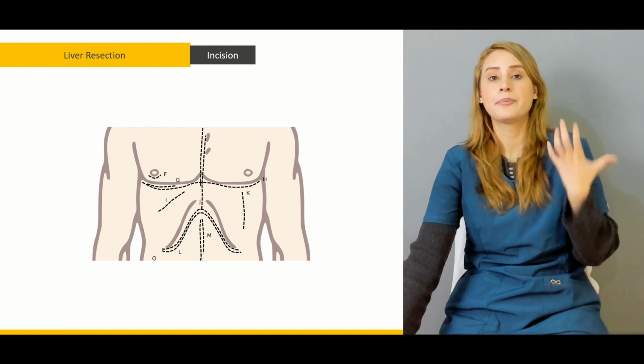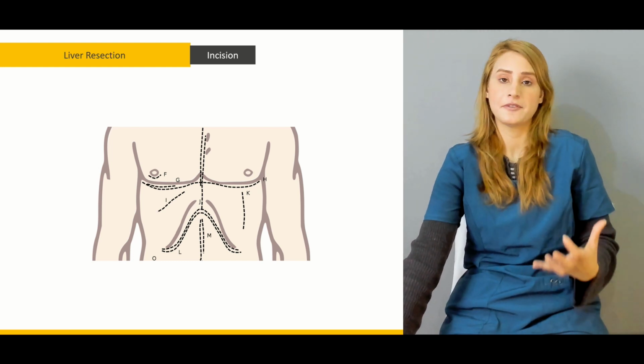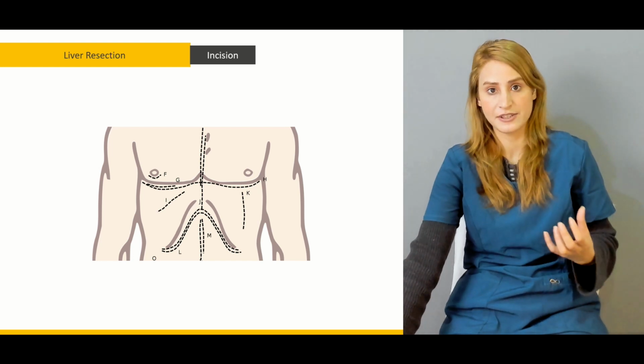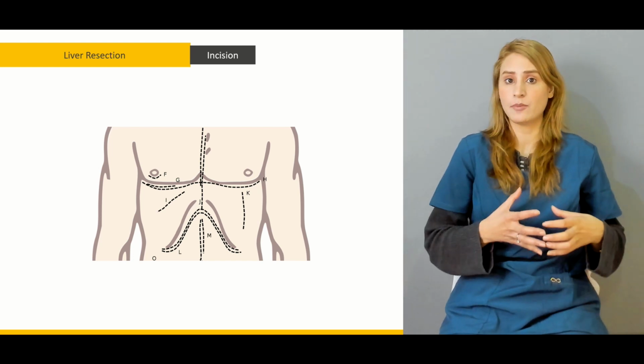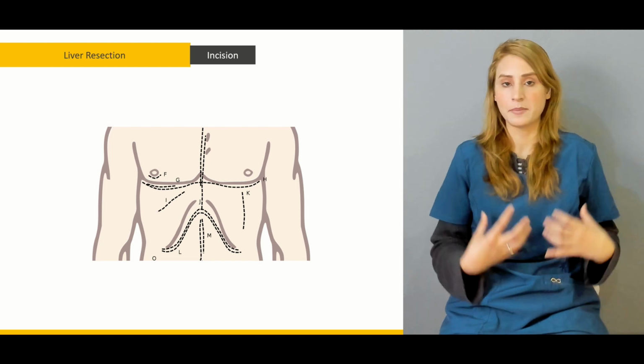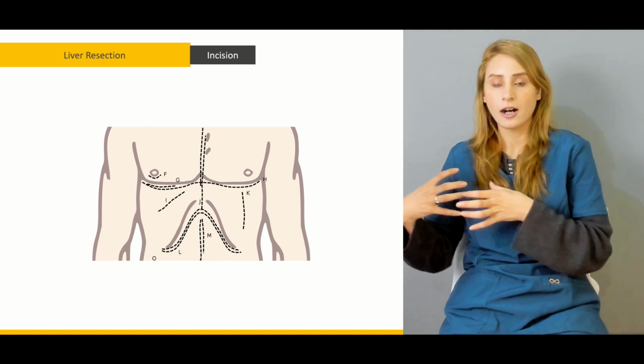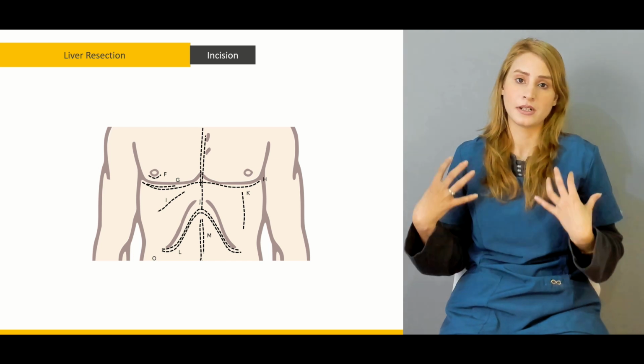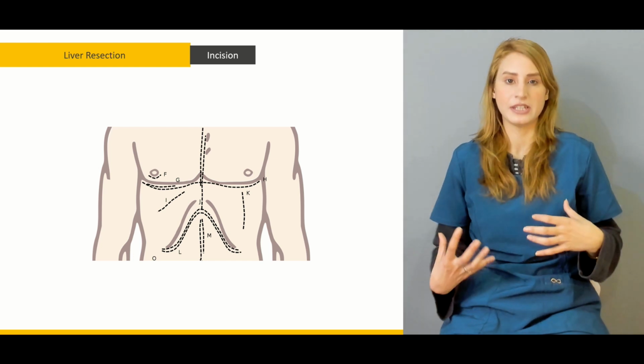This particular type of incision is called a thoracoabdominal incision. With it, you can have a good exposure of the stomach, the omentum, the lesser omentum, plus the superior and inferior margins of the liver.